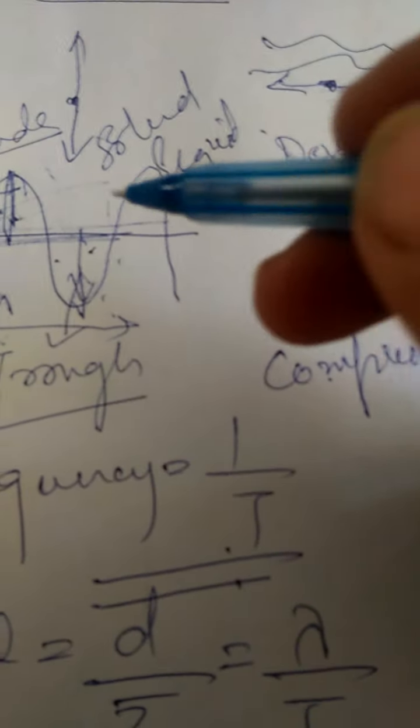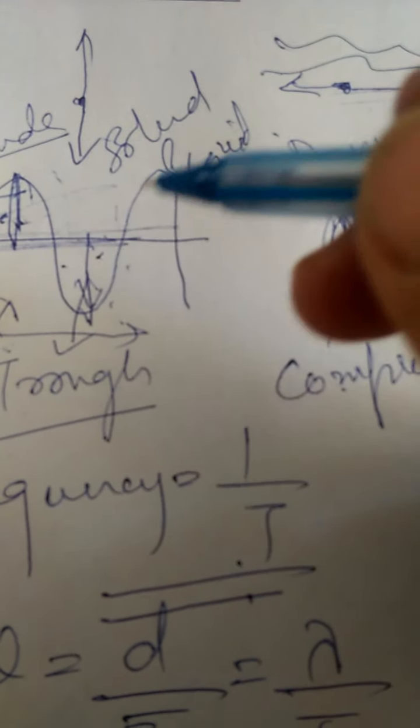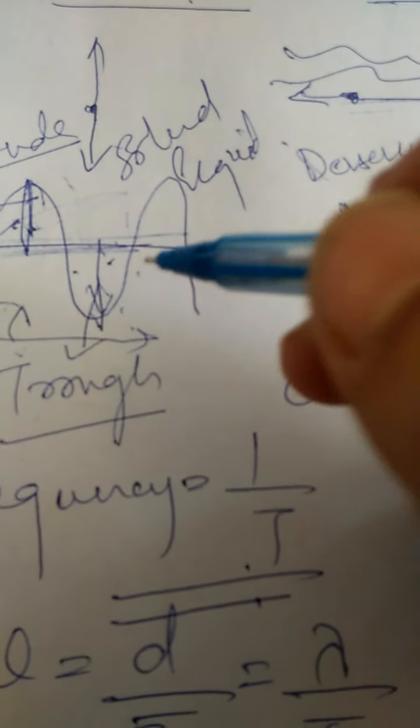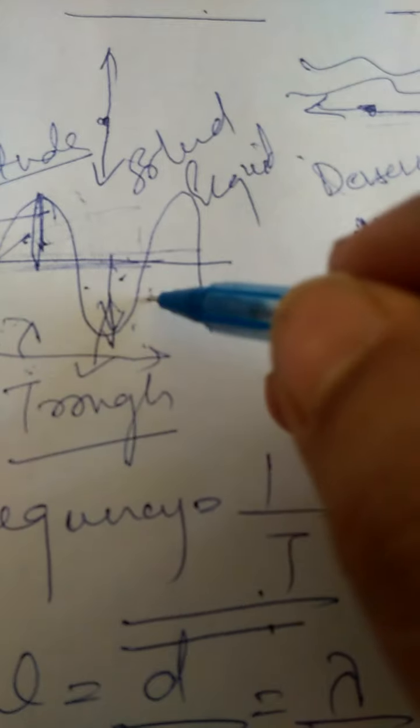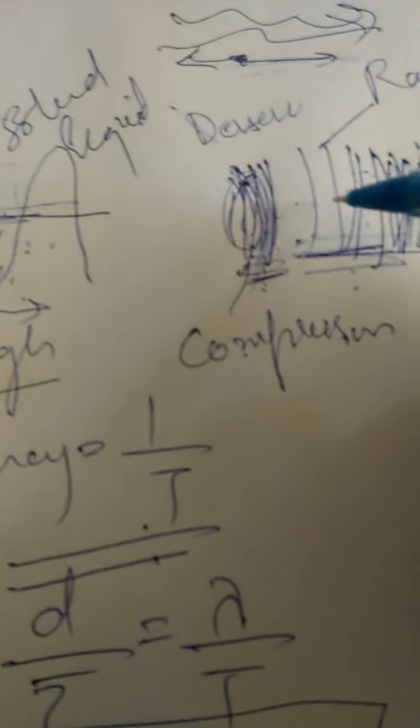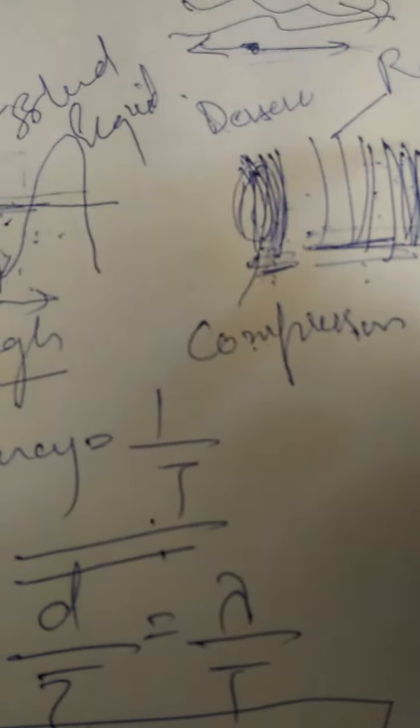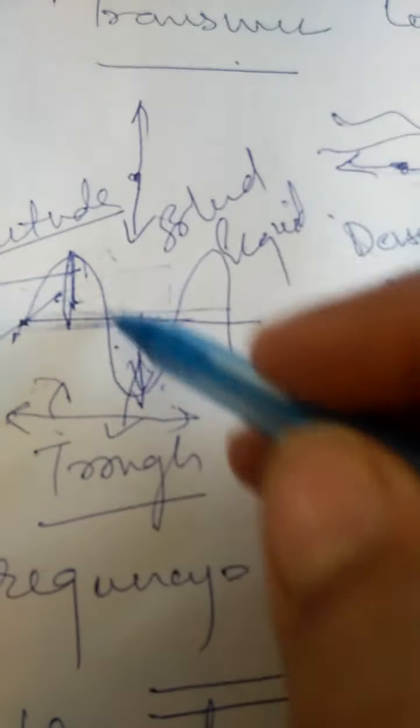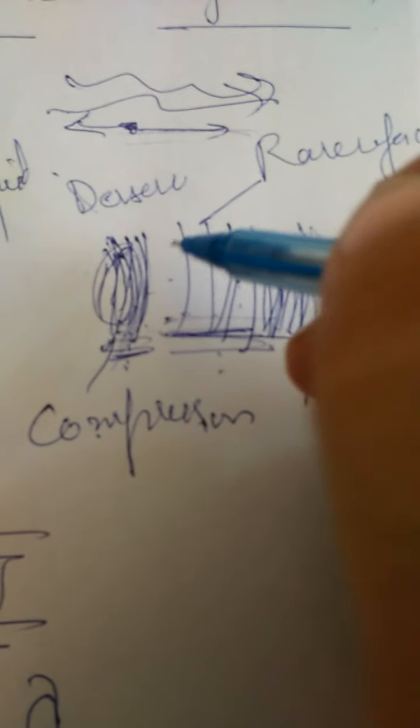In transverse waves, the displacement travels with the wave. There is no change in the pressure of the medium, but in longitudinal waves, since the density of the medium changes, there is a change in pressure. Transverse waves can be represented by a sine curve, while longitudinal waves cannot be represented by sine curves.